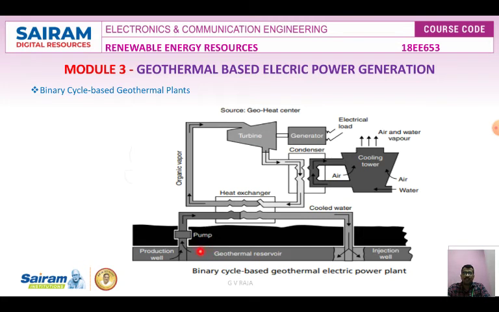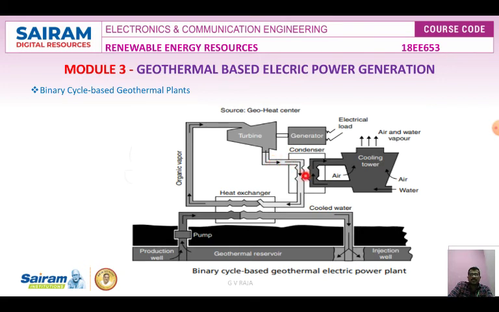From the well, the water is pumped and given to the heat exchanger, where the isobutane and isopentane are used to boil and convert into steam. Then the organic vapor is given to the turbine to rotate the generator and generate electricity.